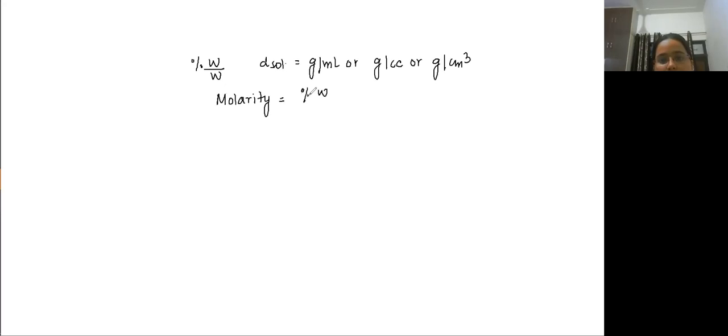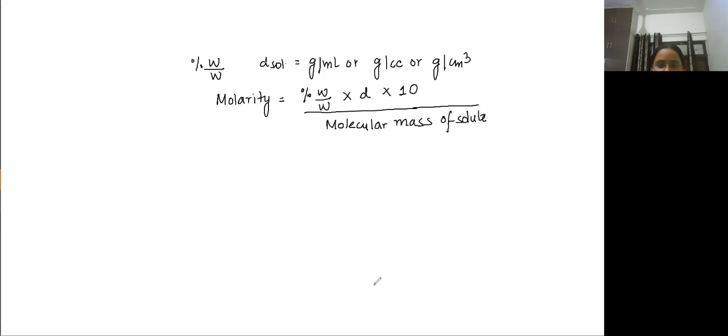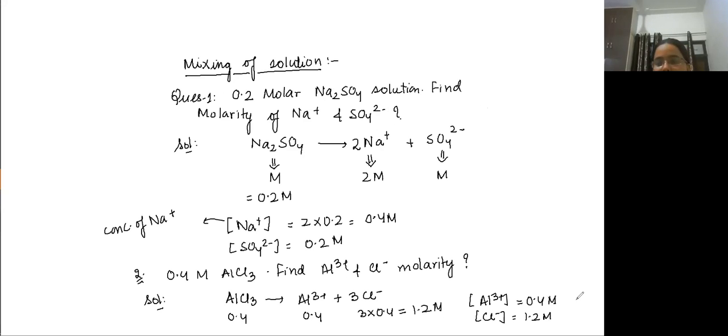Now next is, if percentage weight by weight is given and the density of the solution is given in gram per ml or gram per cc or gram per centimeter cube, because ml and centimeter cube mean the same, then molarity is equal to percent weight by weight into density into 10, divided by molecular mass of solute.